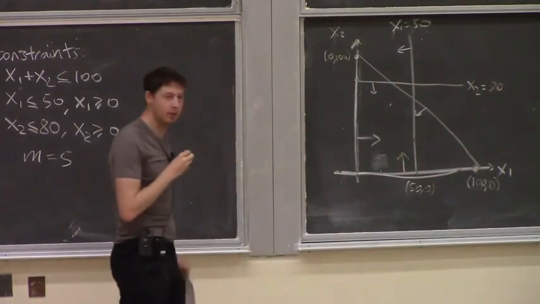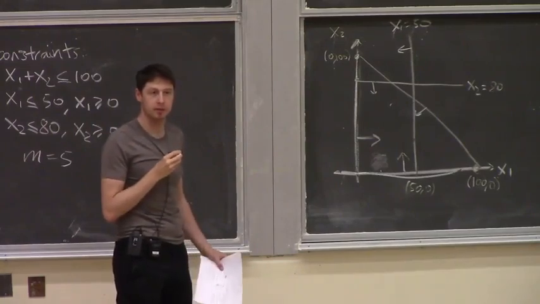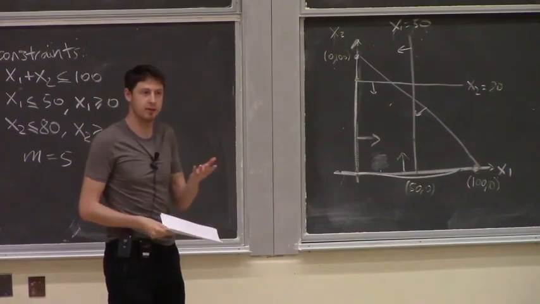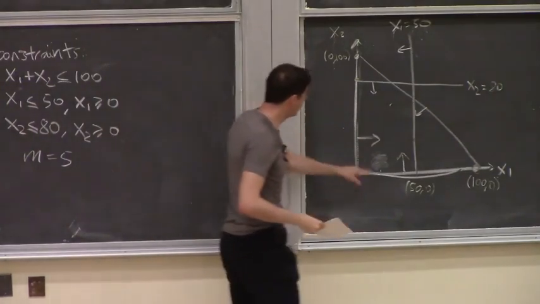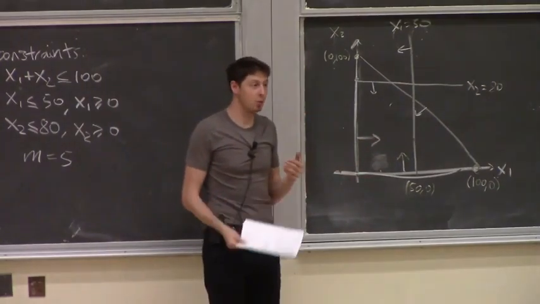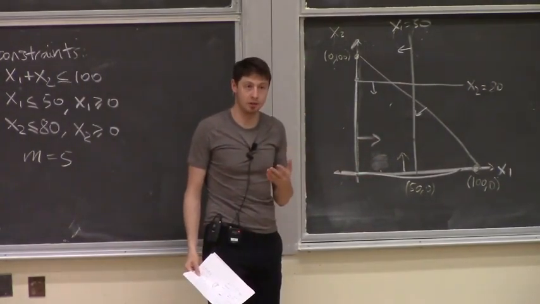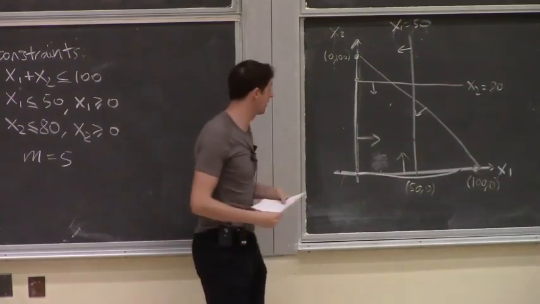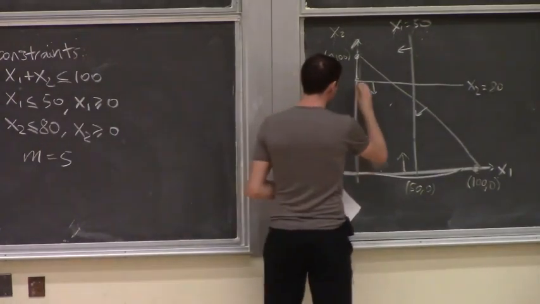Are we done with constraints? Yeah, we're done. We drew 5 lines: 1, 2, 3, 4, 5. All of them have been drawn. What I'm interested in is the intersection of all the half spaces induced by each of the constraints. And what is it? Well, it's this region here.